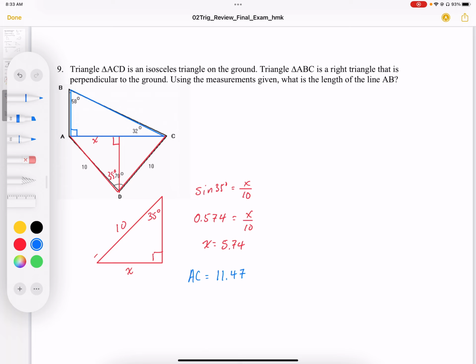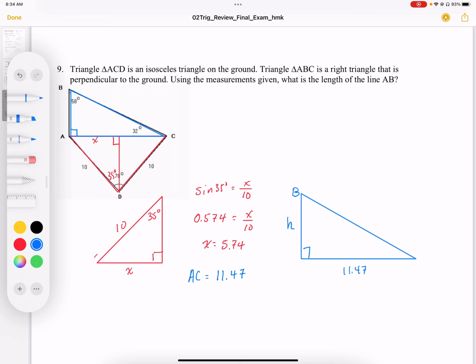So then drawing out my triangle that includes AC, so 11.47, and we're trying to find the height, we'll call it h, that's the length from A to B. It was the other way around.